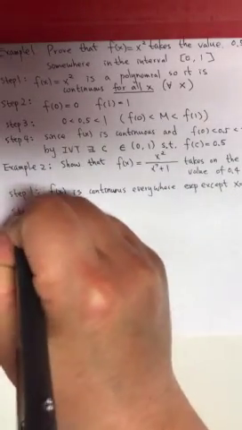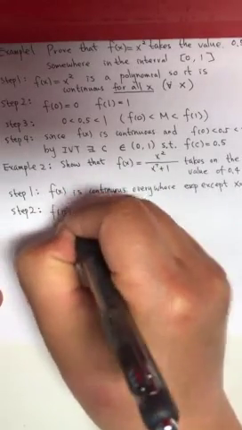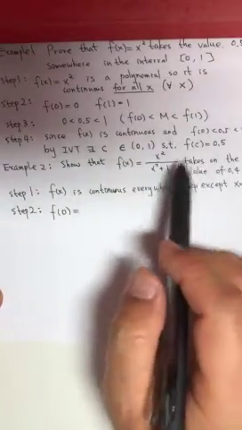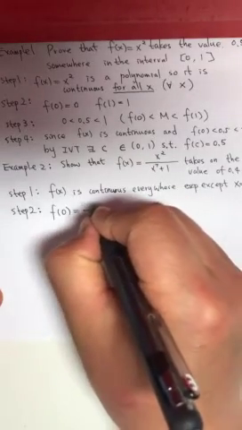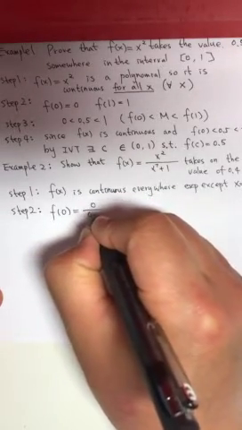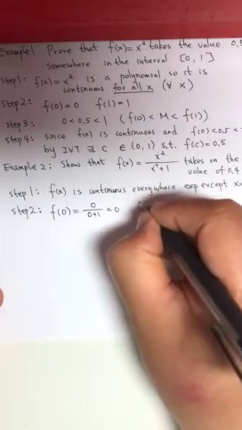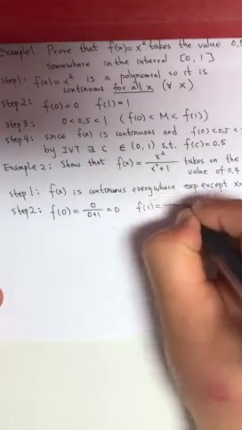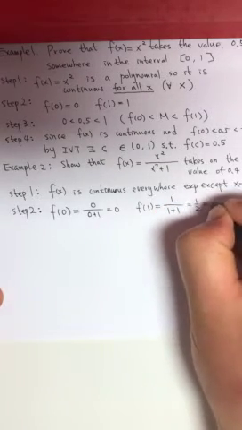Step 2. So we have f of 0. So we're going to plug it in between 0 and c. 0 squared over 0 plus 1, which is 0. And then we're going to plug in f of 1 to see 1 over 1 plus 1, which is 1 over 2, which is 0.5.